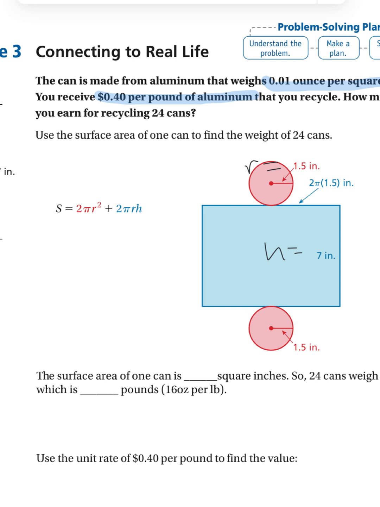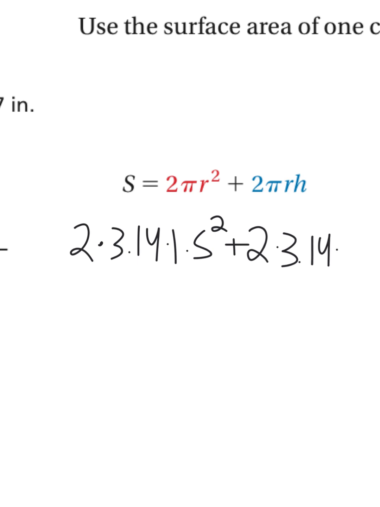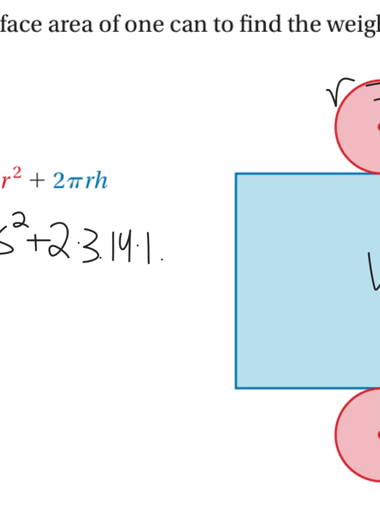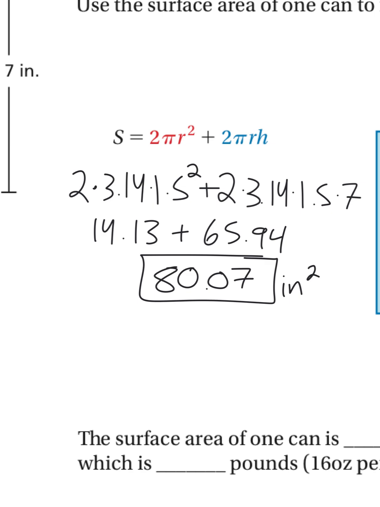I'm gonna write 2 times pi times 1.5 squared plus 2 times pi times r times h. Okay, so if I type that into my calculator, I get 80.07. This was inches squared.